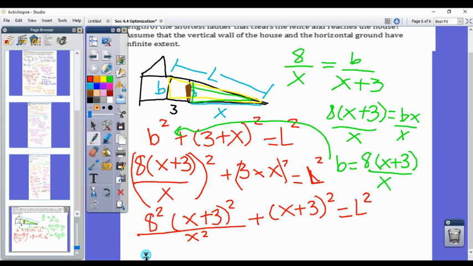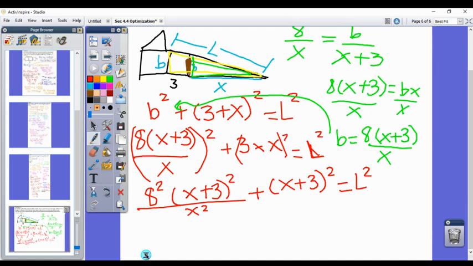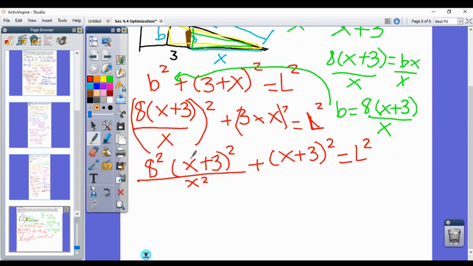Now I'm actually going to factor out x plus 3 squared.